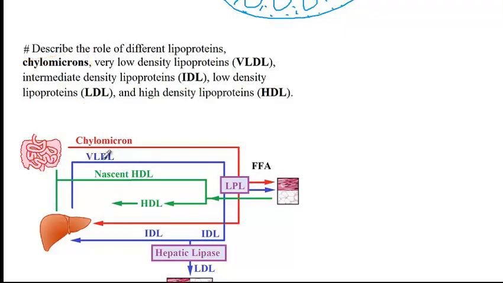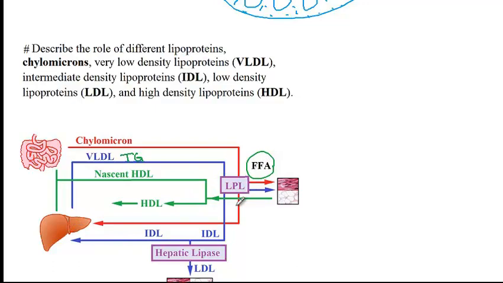I've just made it a little easier here by showing you the pathways. The function of very low density lipoprotein is to deliver hepatic triglyceride to the peripheral tissues. The triglyceride is released by lipoprotein lipase in the form of free fatty acids to the muscles and adipose tissues. And then any excess cholesterol is transported back by the IDL to the liver.